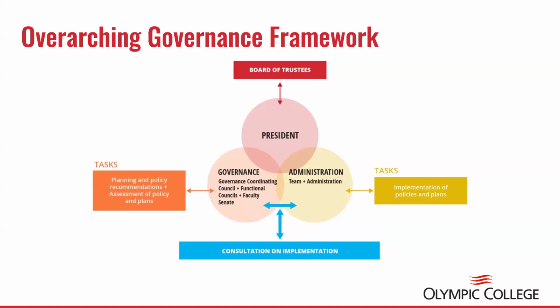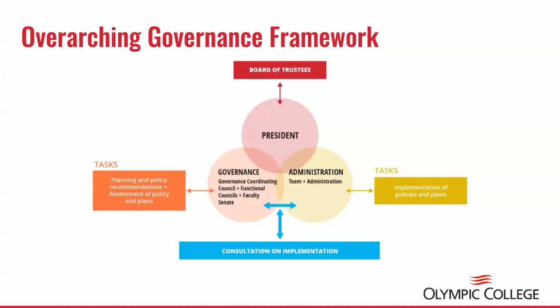And then the president kind of is the intermediate between all of the administration and all of the governance. And those two things are separated in that planning and policy and assessment live in the governance system. And then the implementation of all of that lives on the administration side of the house.